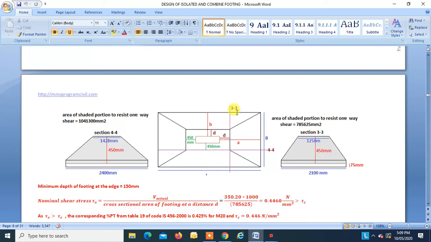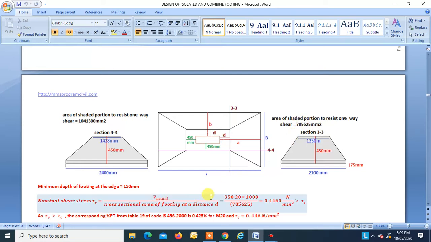at a distance d. So this is our section 3. Over here, this is the cross section of the footing. This is our steel. Below that, it is our effective cover. So this shaded portion area will be active in resisting this V actual. The area of this shaded portion is 785625.